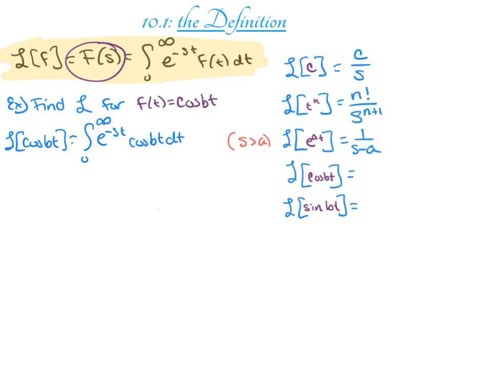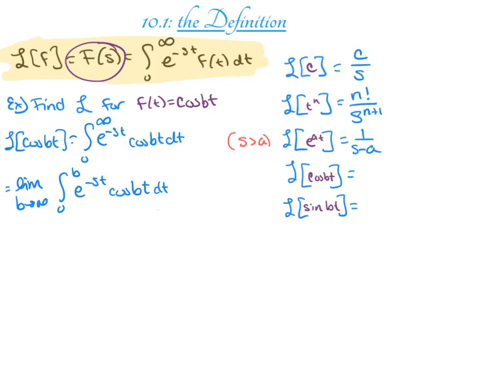Okay, so that will be the limit as b goes to infinity of the integral 0 to b of e to the negative st cosine bt dt.